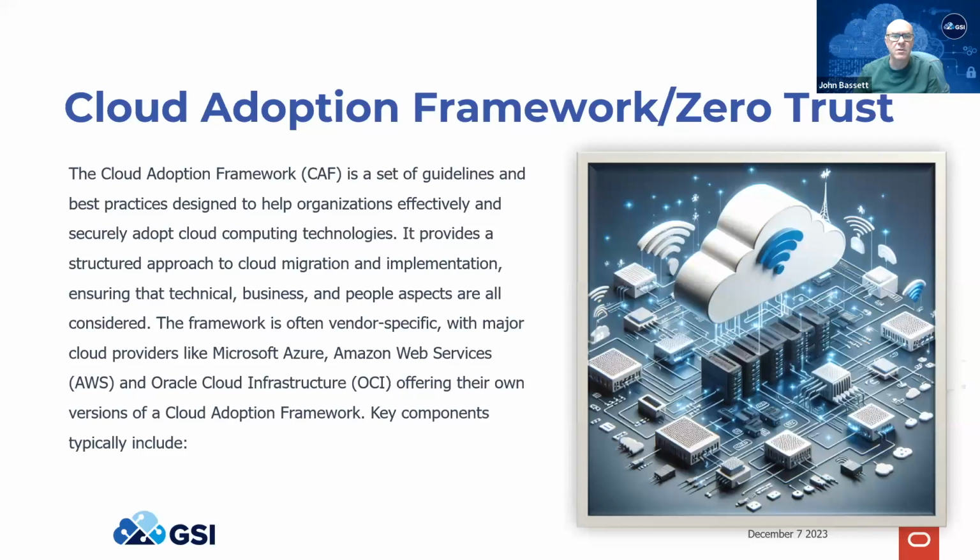AWS has one, Azure has one, and OCI actually has a cloud adoption framework. And if you follow that, we're finding that implementing a cloud native type of environment versus installing VMware provides a pretty secure, fast, and wonderful experience.